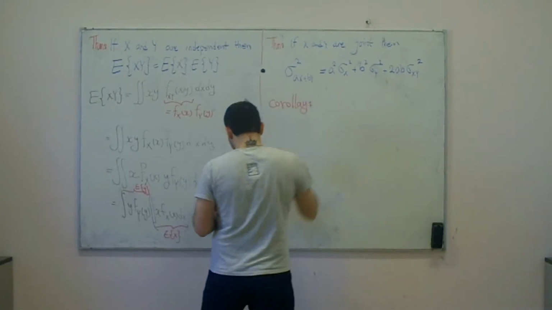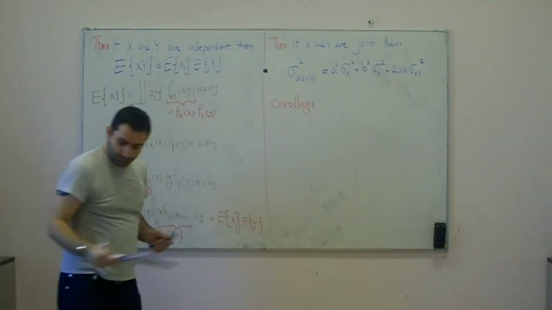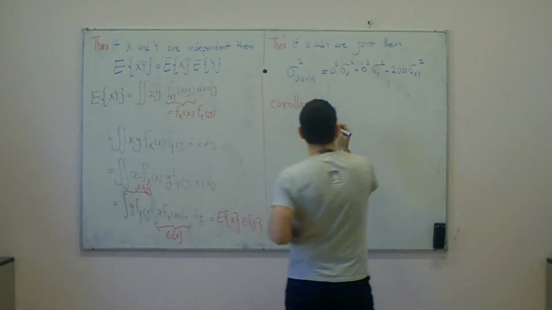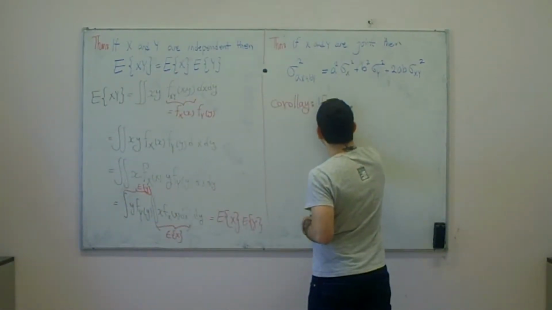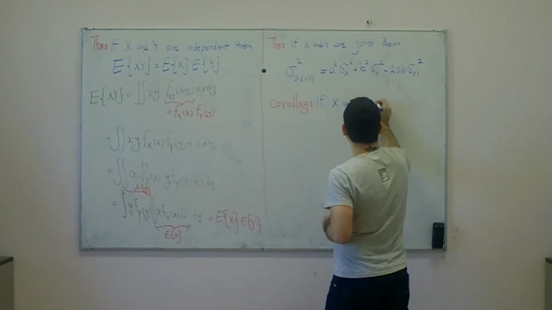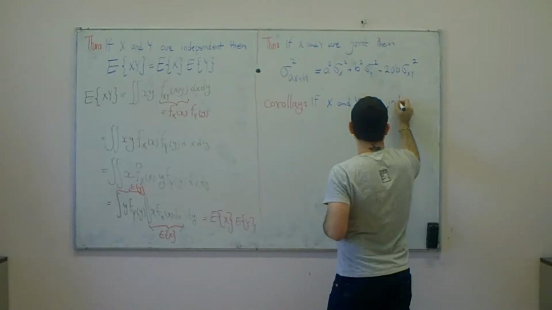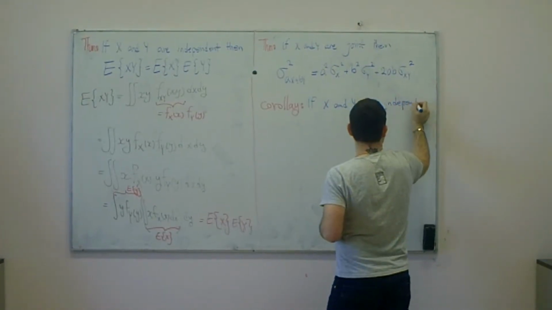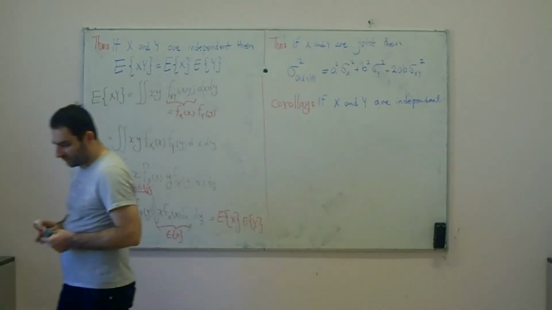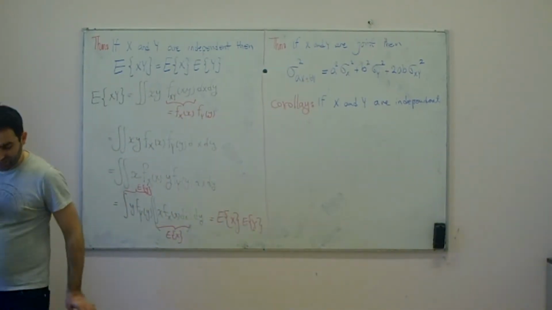Corollary one: if x and y are independent, what do we expect to see?